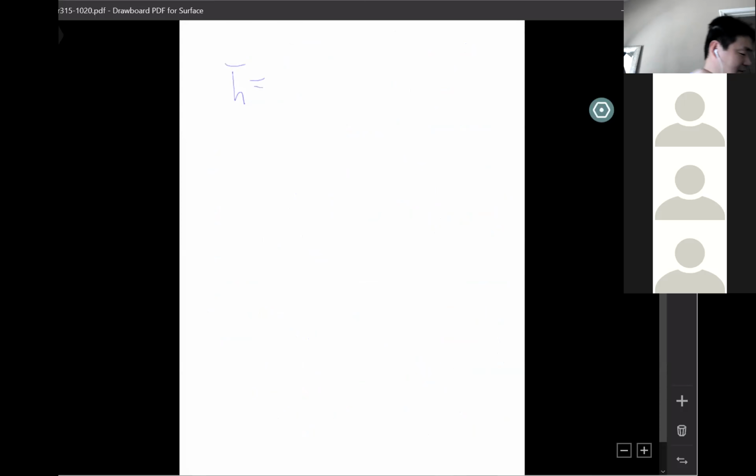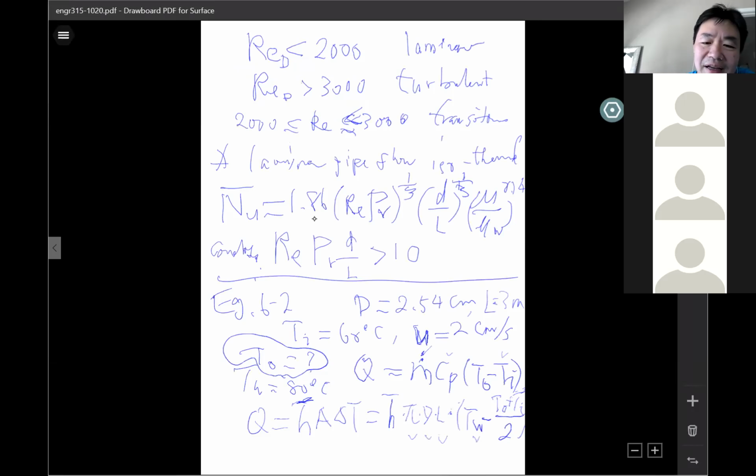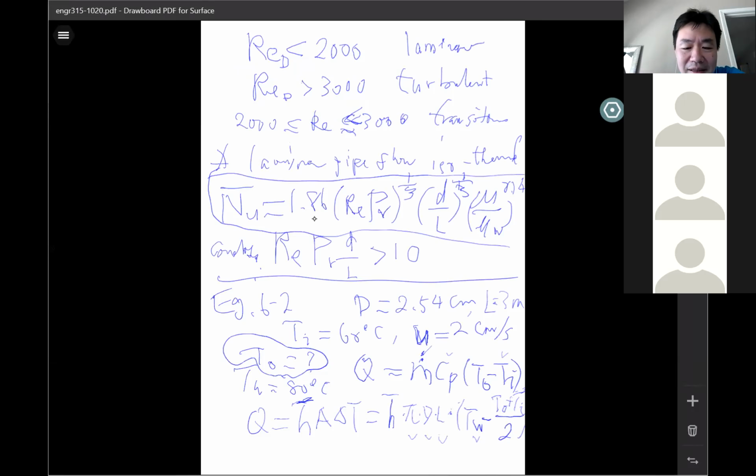Nusselt number bar times D divided by k, or times k divided by D. Times k divided by D. Okay, so I guess that's the procedure. Now my last step is to find out the Nusselt number with this equation, right? Isothermal condition. Okay, so I think that's the procedure.